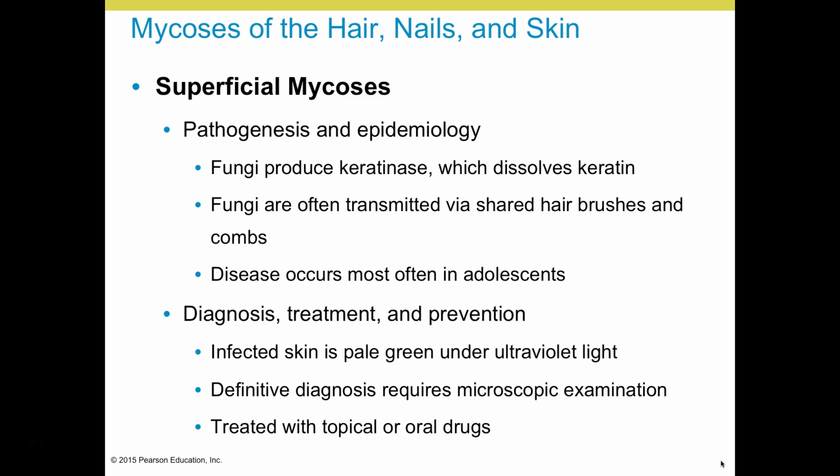It occurs mostly in adolescents, I guess because adolescents share combs and brushes so much, and because their immune system is not as developed as adults'. What is the diagnosis? The infected skin becomes pale green under UV light. Further diagnosis is by microscopic examination, and it is treated mostly with topical drugs and sometimes oral drugs.